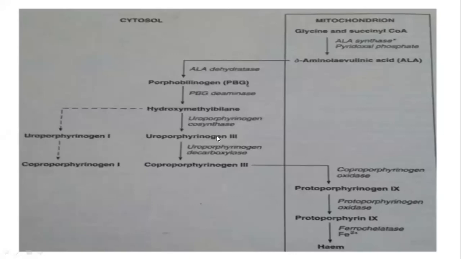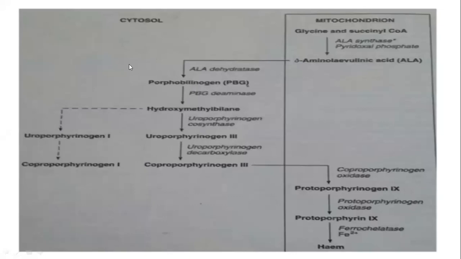hydroxymethylbilane, all the way down to coproporphyrinogen 3, not coproporphyrinogen 1, because there are different arms here after hydroxymethylbilane has been formed. And I'll be explaining these steps shortly, where you have the various combinations in different parts of the cell, some occurring mitochondrially and others occurring outside the mitochondrium.